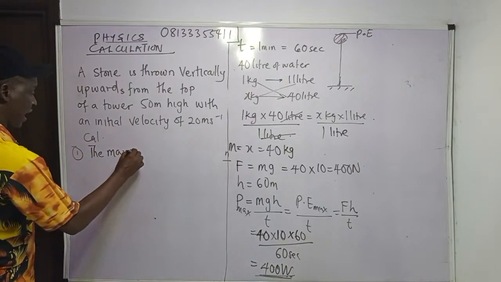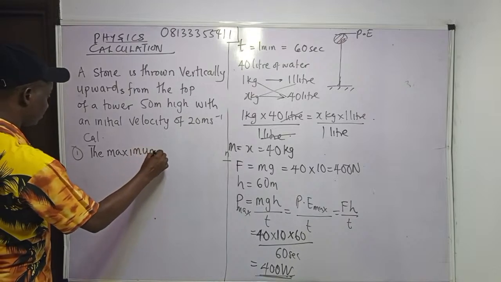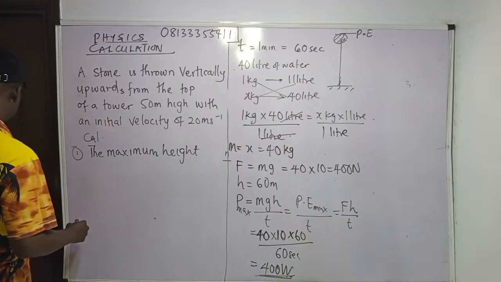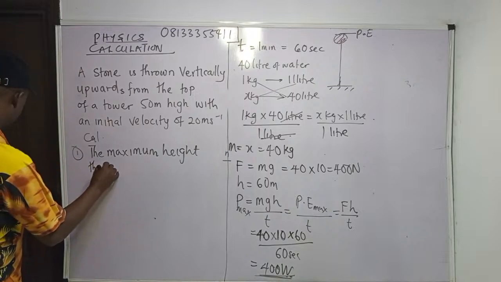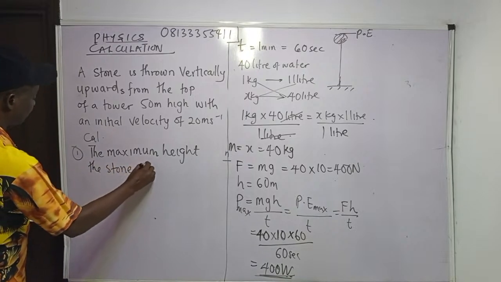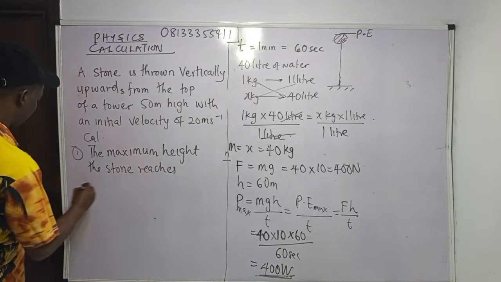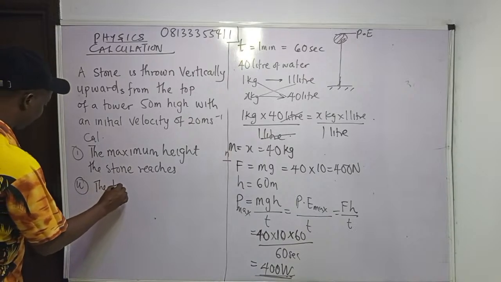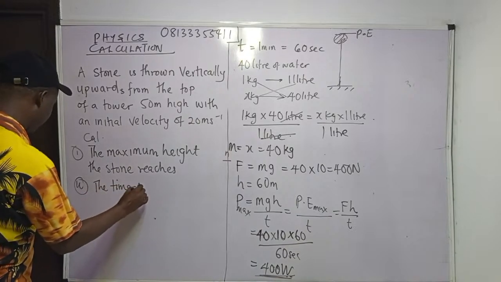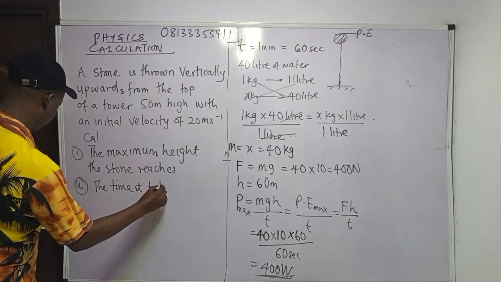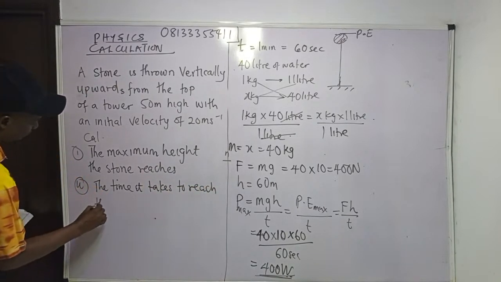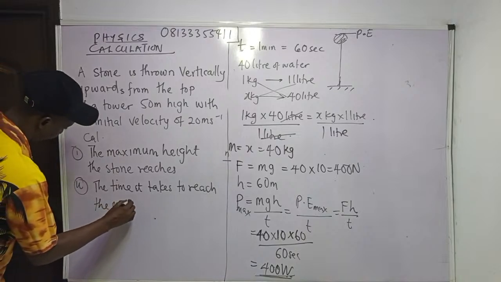The maximum height the stone reaches. That is number 1. Number 2, he said what? The time it takes to reach the maximum height.